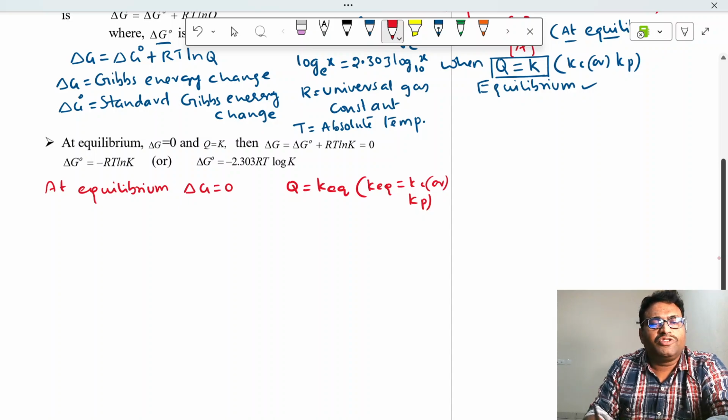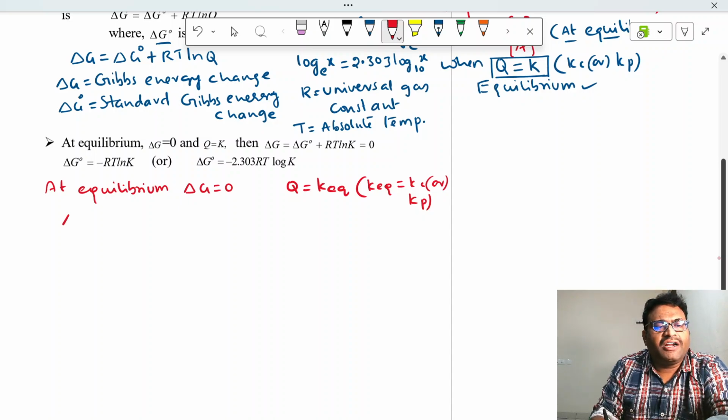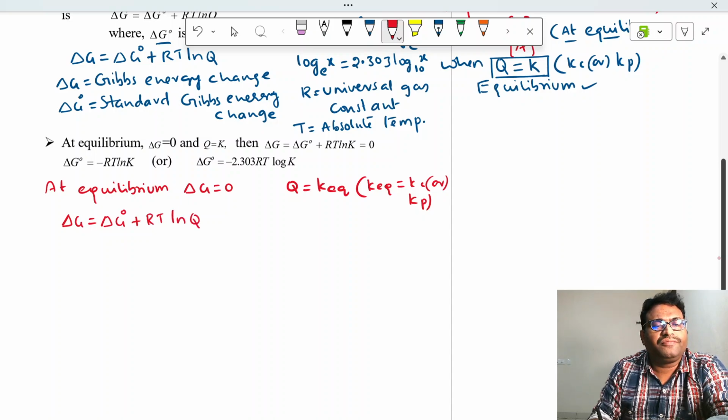So substitute that in this formula, delta G is equal to delta G naught plus RT ln Q. At equilibrium, delta G is equal to 0.